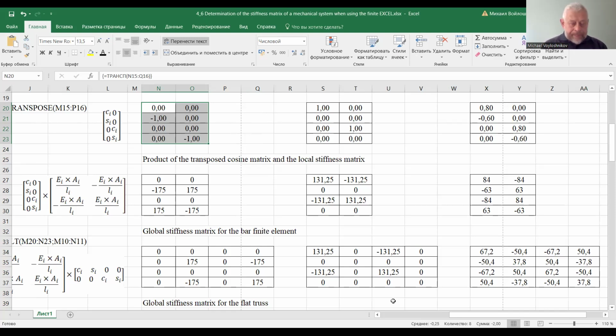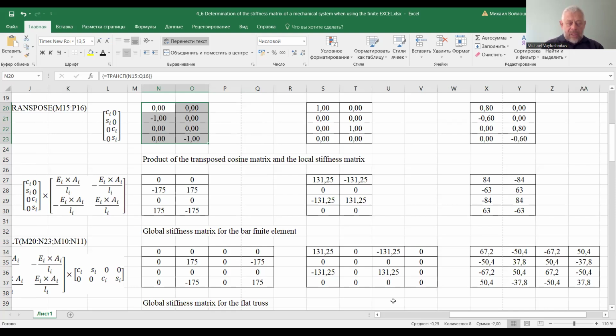In the previous assignment, I mean in article 4.4, we considered the example of what is the difference between the coordinates of the rod finite element in the local coordinate system and in the global coordinate system.